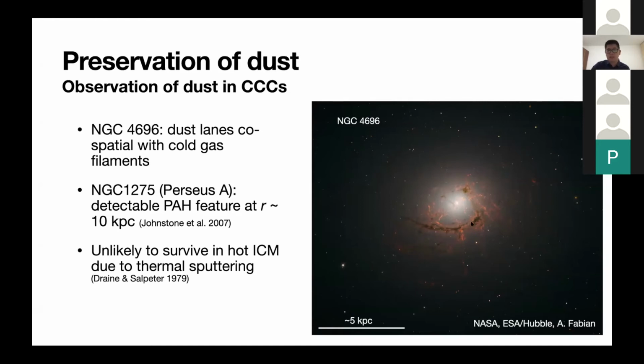These are very interesting phenomena that cannot be explained by precipitation models, because if you form filaments from the hot intra-cluster medium, then it's usually unlikely that the dust will survive due to thermal sputtering of the dust grains. And also in Perseus A, we have a detectable PAH feature at around 10 kiloparsecs from the AGN, which means somehow the dust can survive in the filaments, however they form.